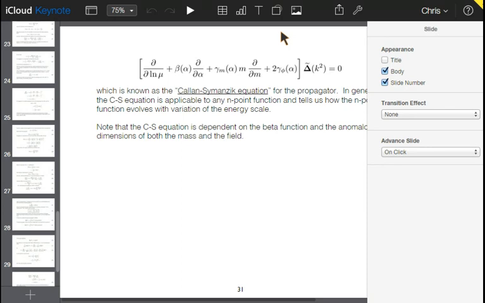So basically it boils down to this: in QFT, as we've seen over the past week, we always make the argument that physical observables can't be divergent. We've always argued that they have to be finite.